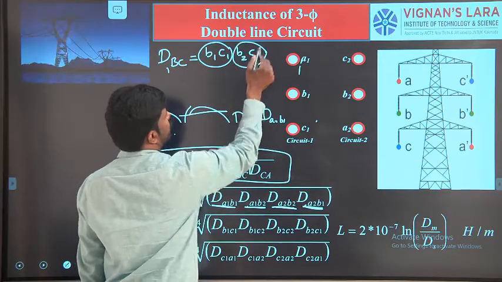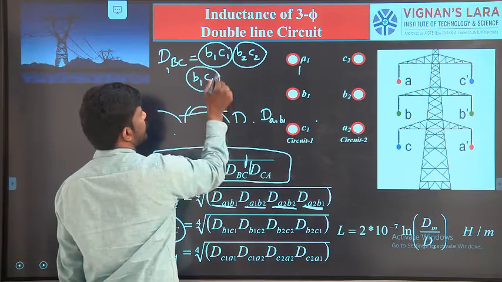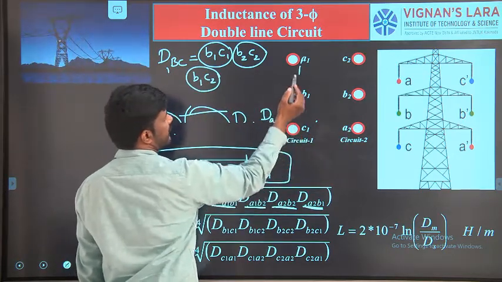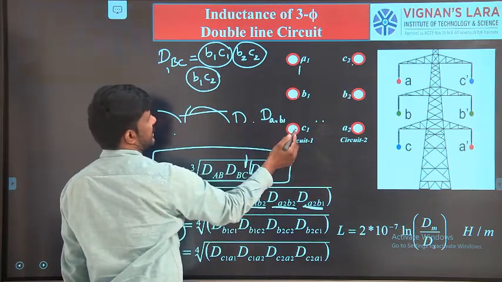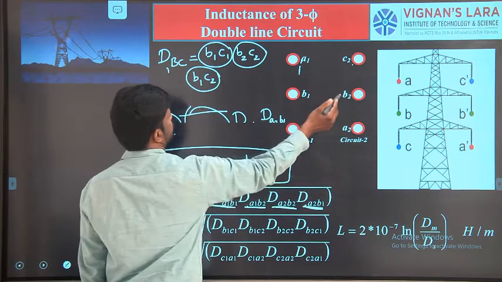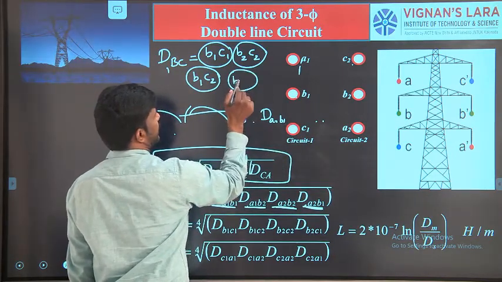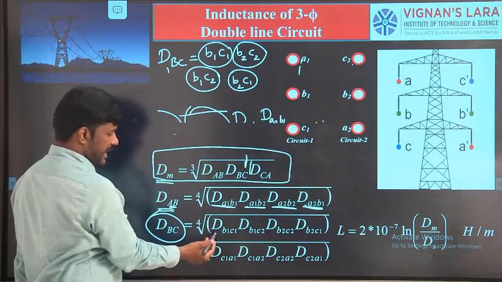From circuit 1 to circuit 2, B1 to C2. Next, C1 to B2, in other words B2 C1. Total 4 distances.